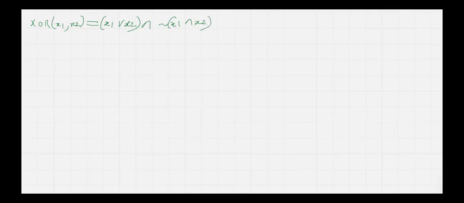From the above equation, we are doing an OR between x1 and x2, and another operation between both, which is NAND between x1 and x2, and then the output of both is given to a simple AND gate. This is AND, correct? So from here we are getting our output. So this is how a XOR gate was designed.